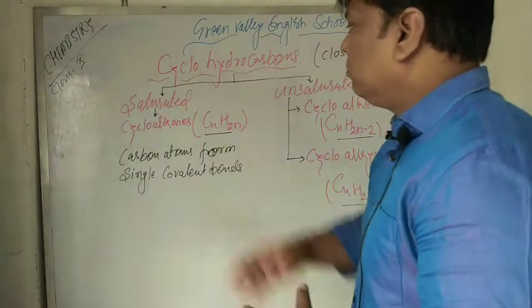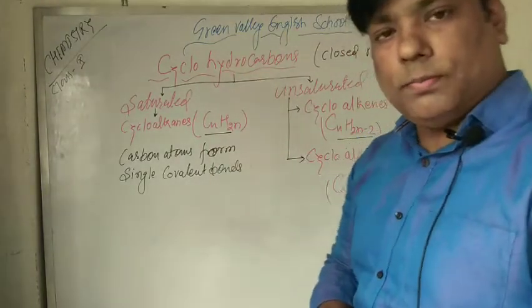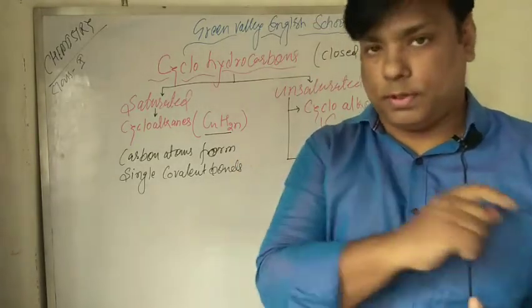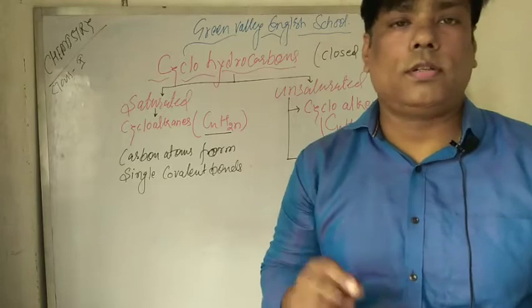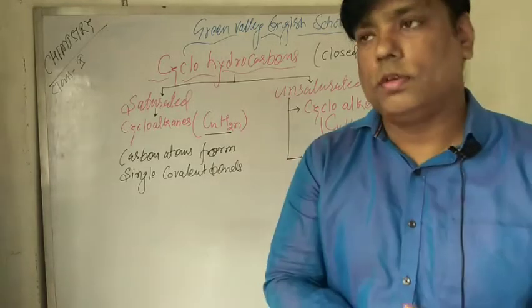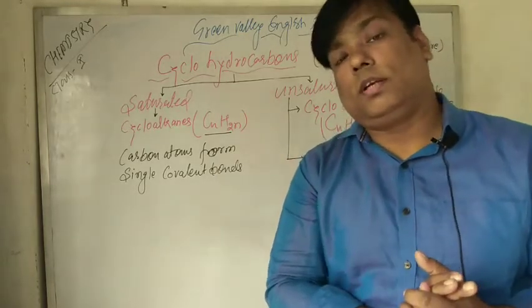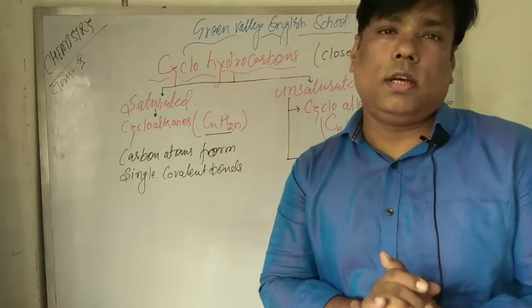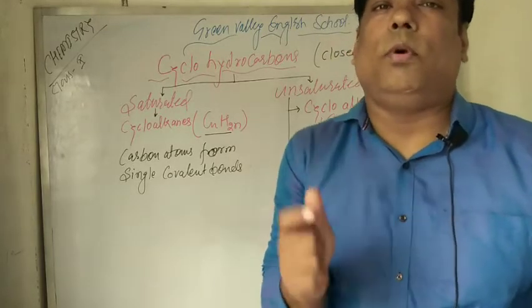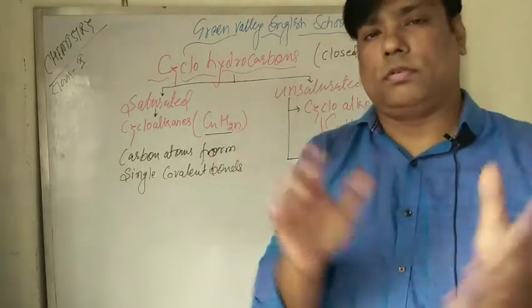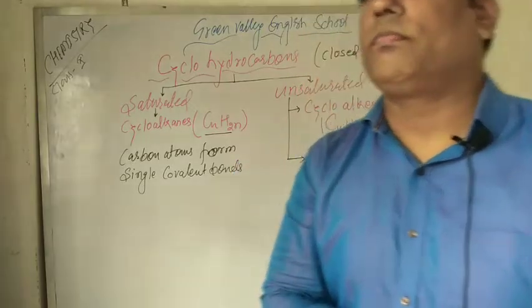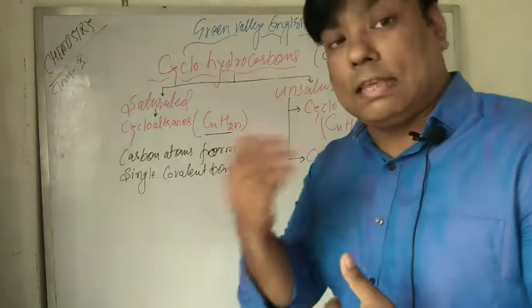So, cyclohydrocarbons are of two types: saturated cyclohydrocarbons and unsaturated cyclohydrocarbons. Saturated hydrocarbons are those in which there is a single covalent bond between carbon atoms, like alkanes.